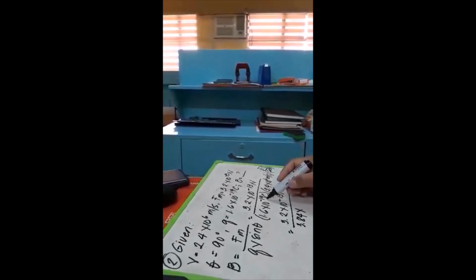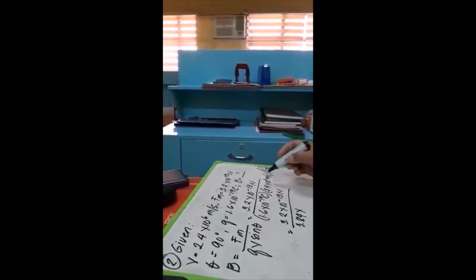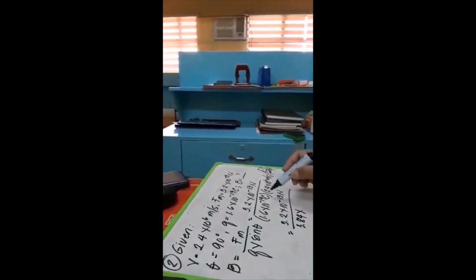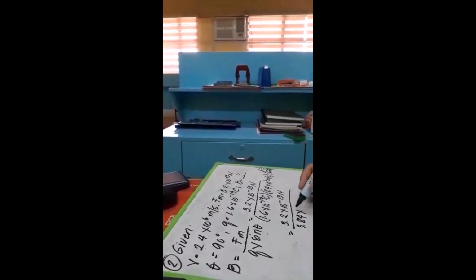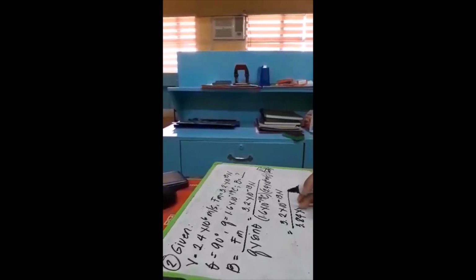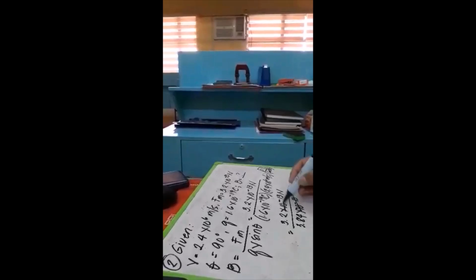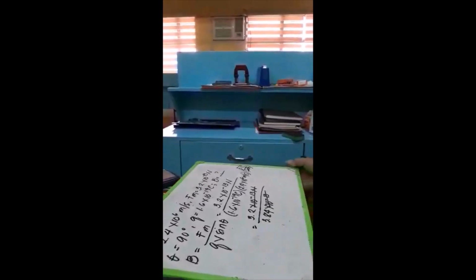Ang exponent po is negative 19 and 6. So since multiplication po, so we have to add our exponent. So negative 19 plus 6, so we have negative 13 also. So all we have to do is cancel this. Cancel po yan.